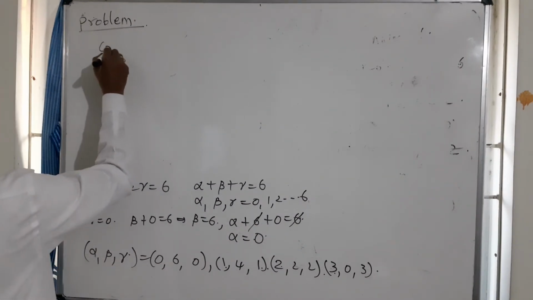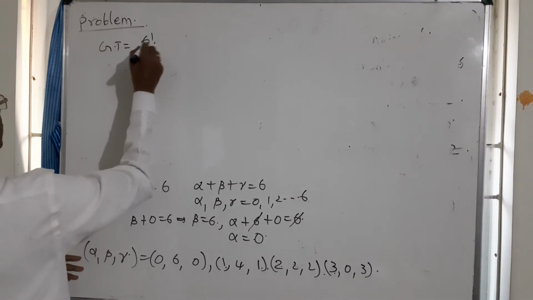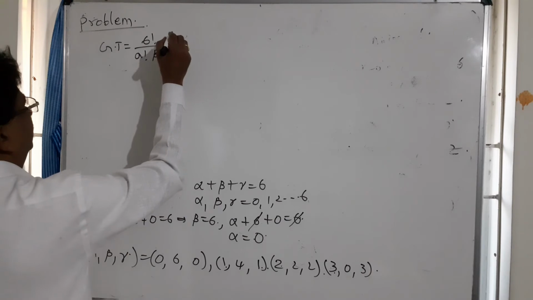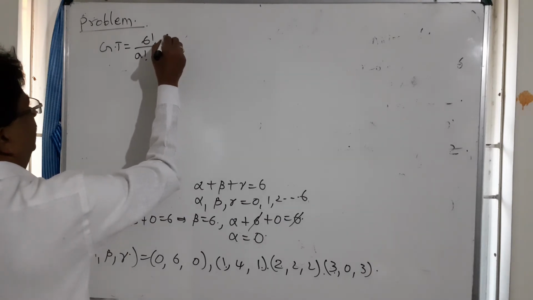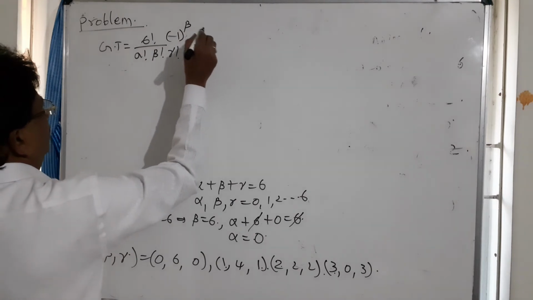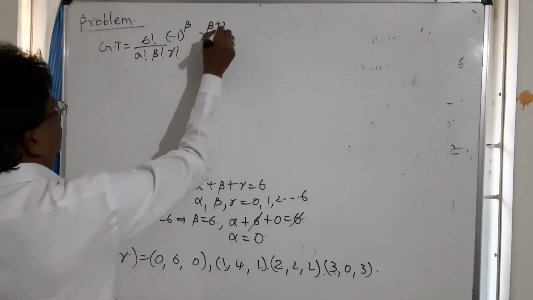Here we write the general term, 6 factorial by alpha factorial, beta factorial, gamma factorial, and minus 1 whole to the power of beta into x power beta plus 2 gamma.